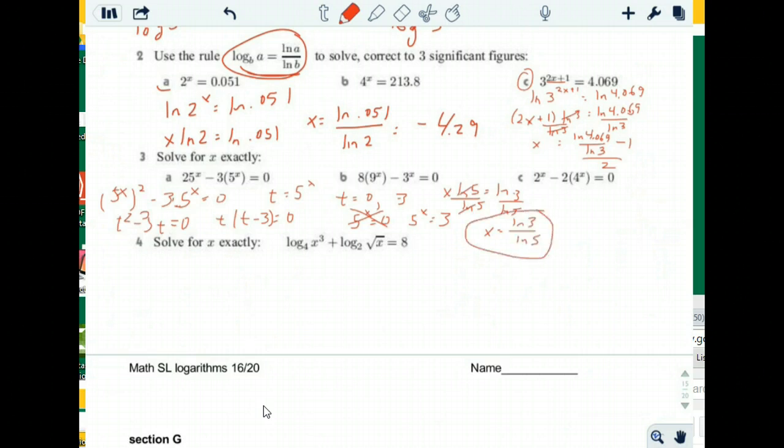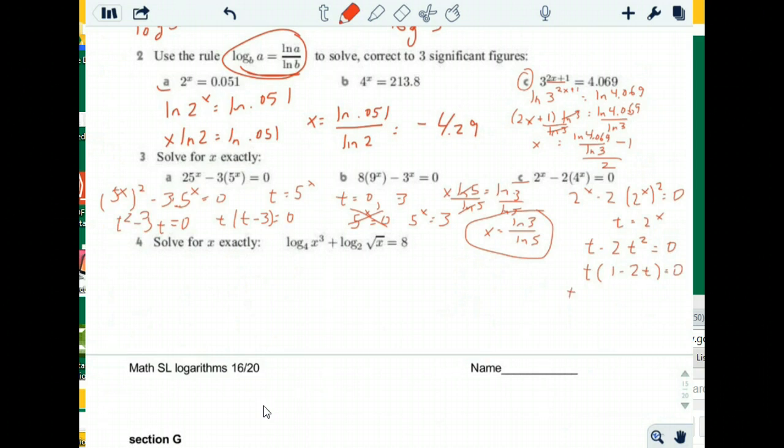Okay? And then we're going to do C. This is basically 2 to the x minus 2 times 2 to the 2x equals 0. So we'll say that t equals 2 to the x, which means we have t minus 2t squared equals 0. Factor out a t. We have t times quantity 1 minus 2t equals 0.